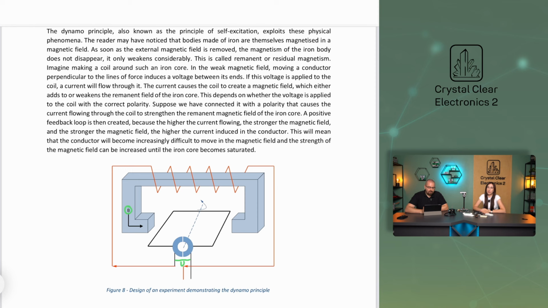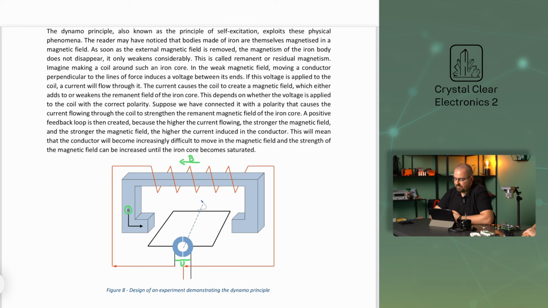The current causes the coil to create a magnetic field, which either adds to or weakens the remanent field of the iron core. It depends on the polarity of the voltage applied to the coil. Suppose we have connected it with a polarity that causes the current flowing through the coil to strengthen the remanent magnetic field of the iron core.